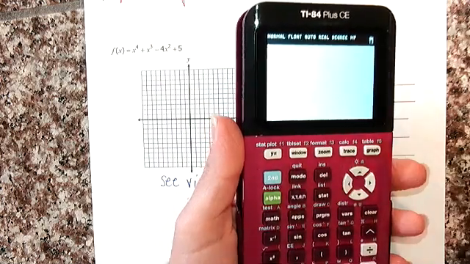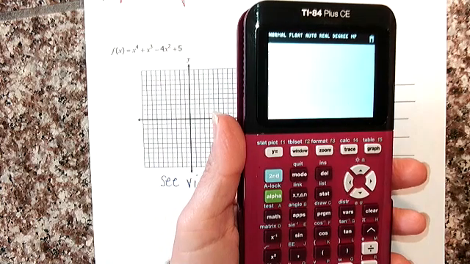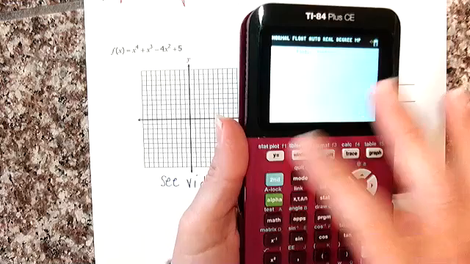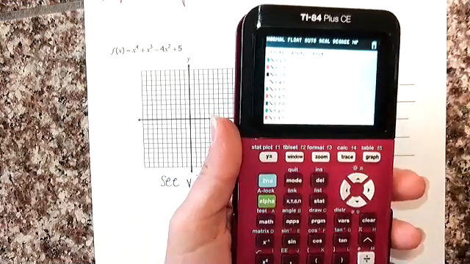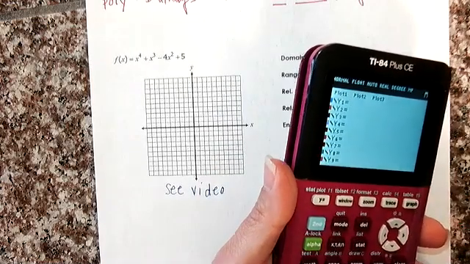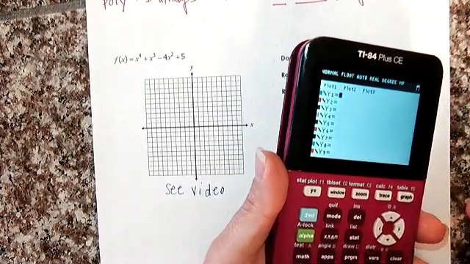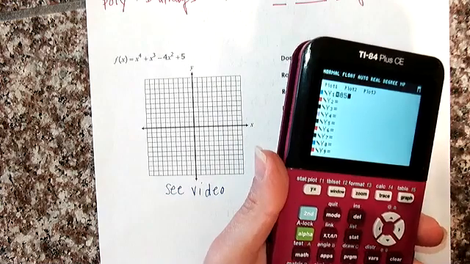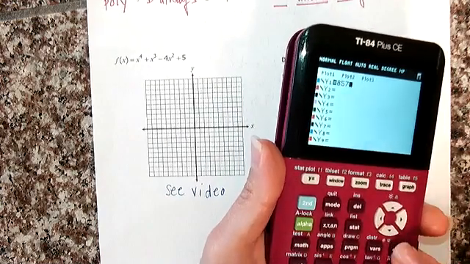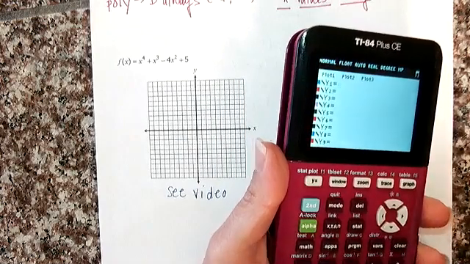Y equals is where you're going to plug in whatever graph it is that we're going to try and analyze. You may have some information in your calculator. You can type right over it, or you can just clear. If you have whatever plugged in, and you just push clear, which is underneath the arrow keys, it goes away.